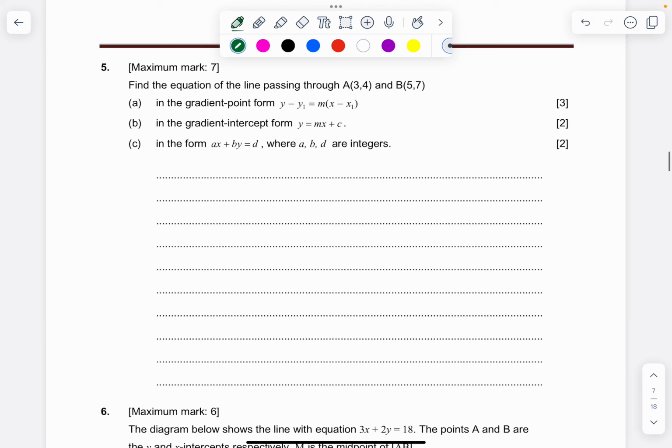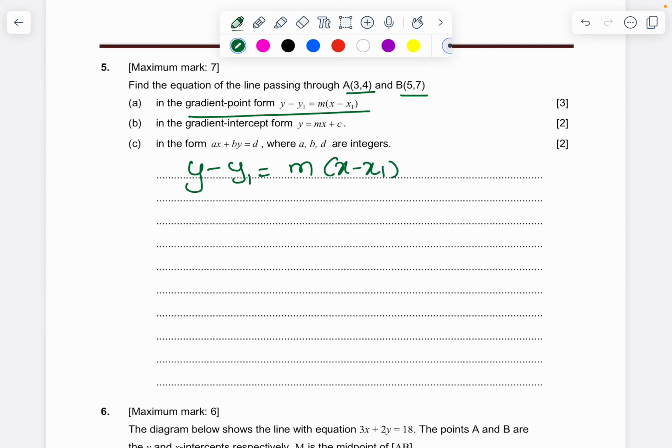Question number 5. Find the equation of a line passing through (3, 4) and (5, 7) in the gradient intercept form. So first of all, y minus y1 equals m times x minus x1. So A is (3, 4), B is (5, 7). This is called (x1, y1) and (x2, y2). I need to know the gradient m.